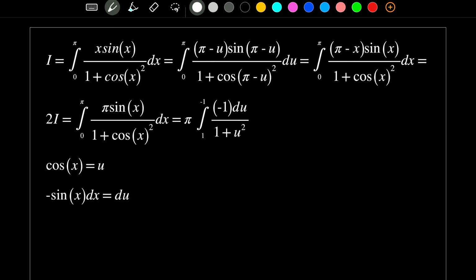Next up, again, we can use this minus 1 to switch these bounds so that they're not as ugly anymore. Now this integral is also a standard integral, which you might need to know to do a lot of pretty nice integrals. So let's see what this gives us. That's going to be pi times the arctan of u evaluated from minus 1 to 1.